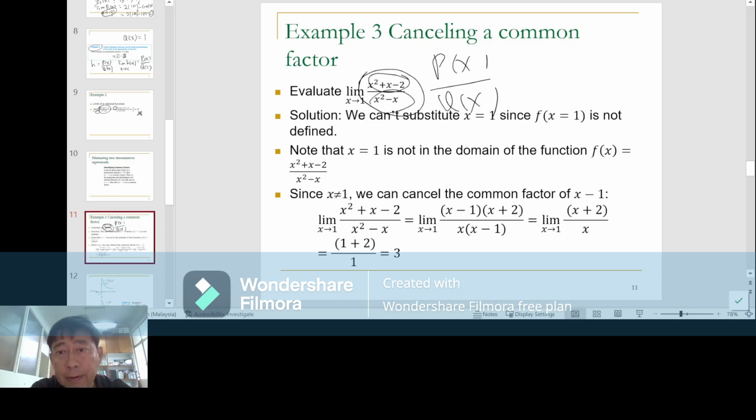So if you were to do that, then you think, that means I can just calculate p at 1 and q at 1, and that will give me the limit of the function at x equals 1.